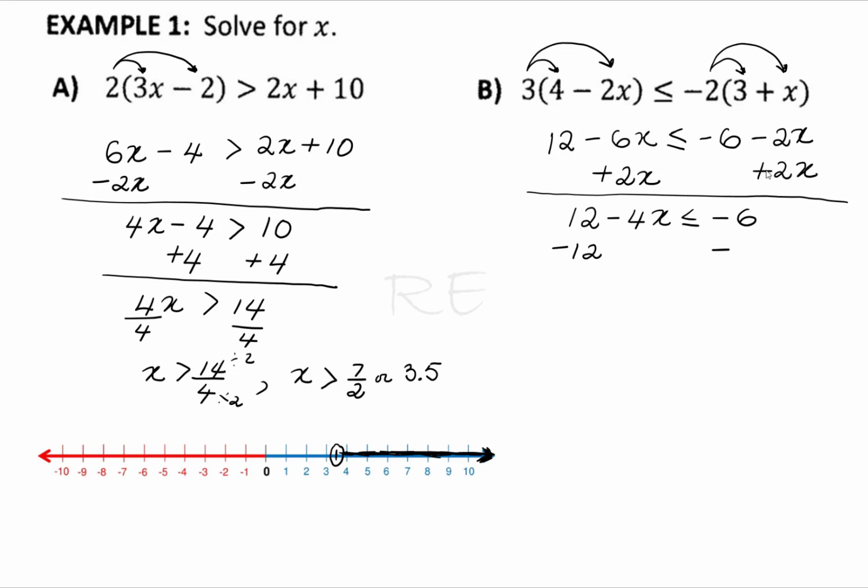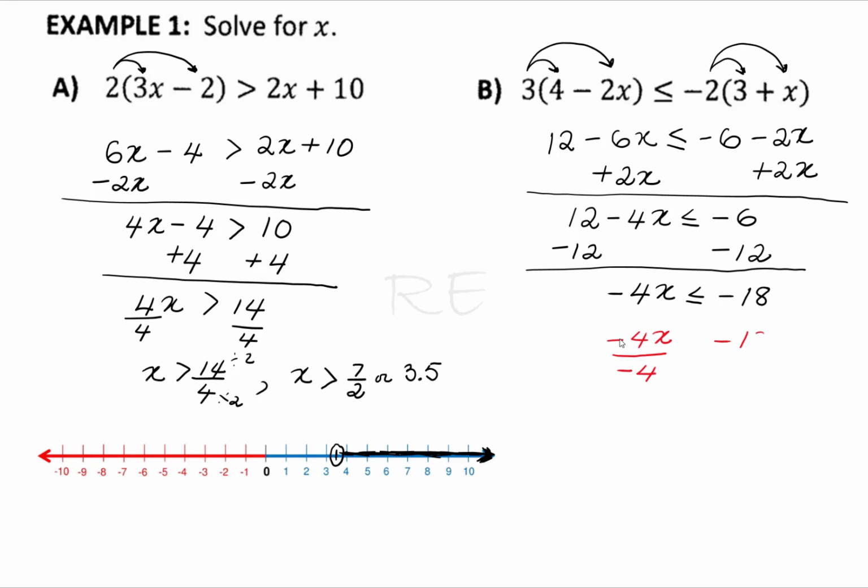We're going to subtract 12 from both sides. Negative 4x less than or equal to negative 18. We're going to divide by negative 4.